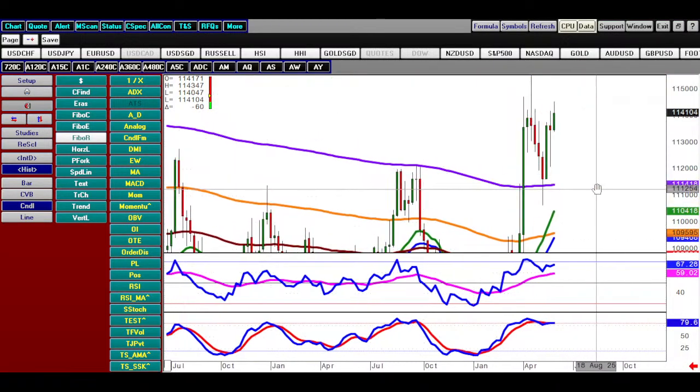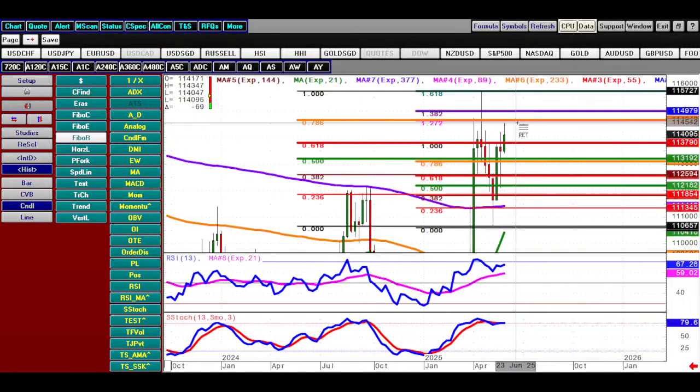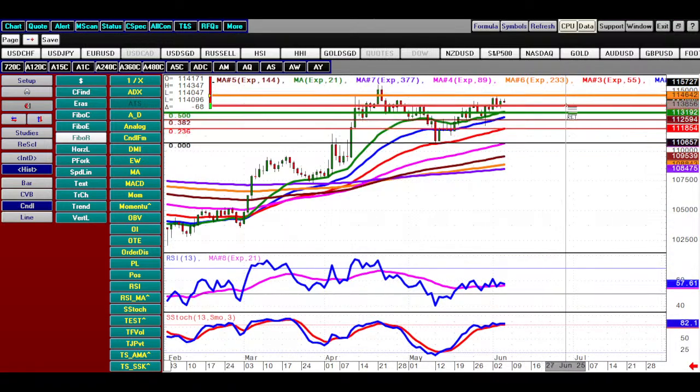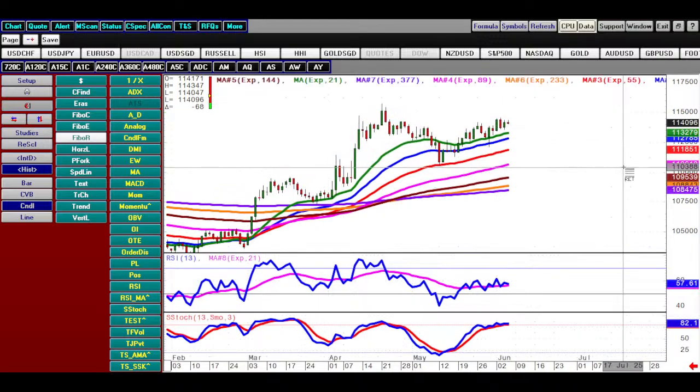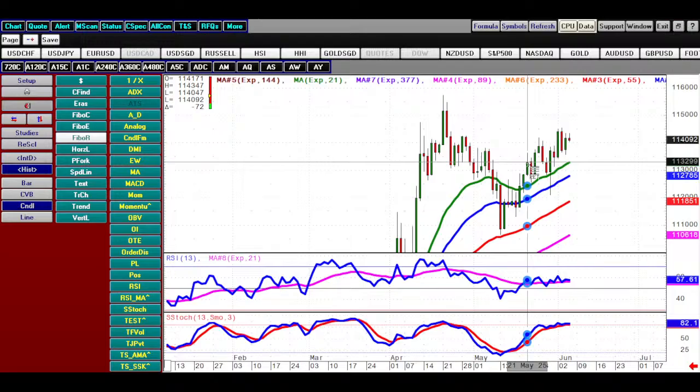Remember I told you, if a high is seen, we should not see the price going above 78.6, which is 114.65 or 114.95. So we should not see the price going above this level. Which means there is a probability that today is going to be a down day. That means it's giving a similar picture to gold.